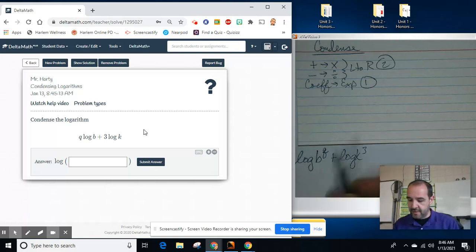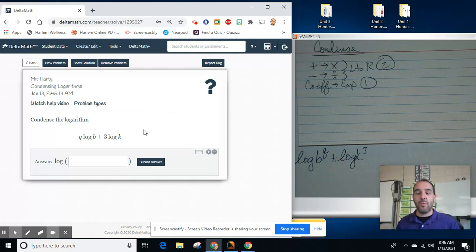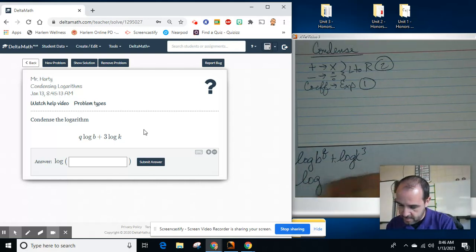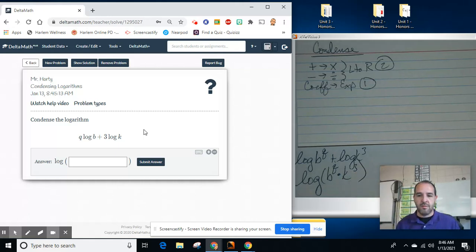Well, the only thing that's left is plus turns into times. And when we're condensing, we want the logarithm at the end. B to the q, that plus becomes times k to the 3rd. That's my answer. You're like, that's my answer? Yep. They already got the log part done for me.